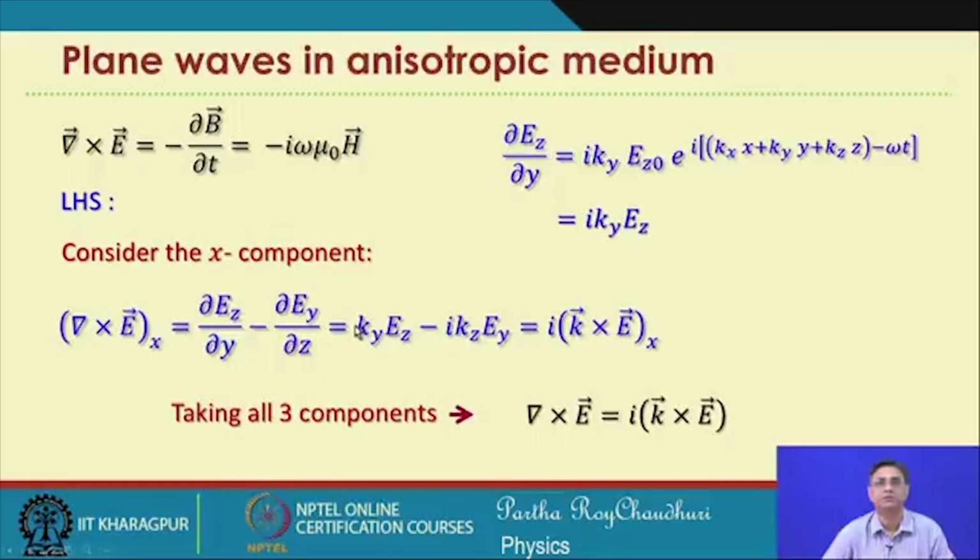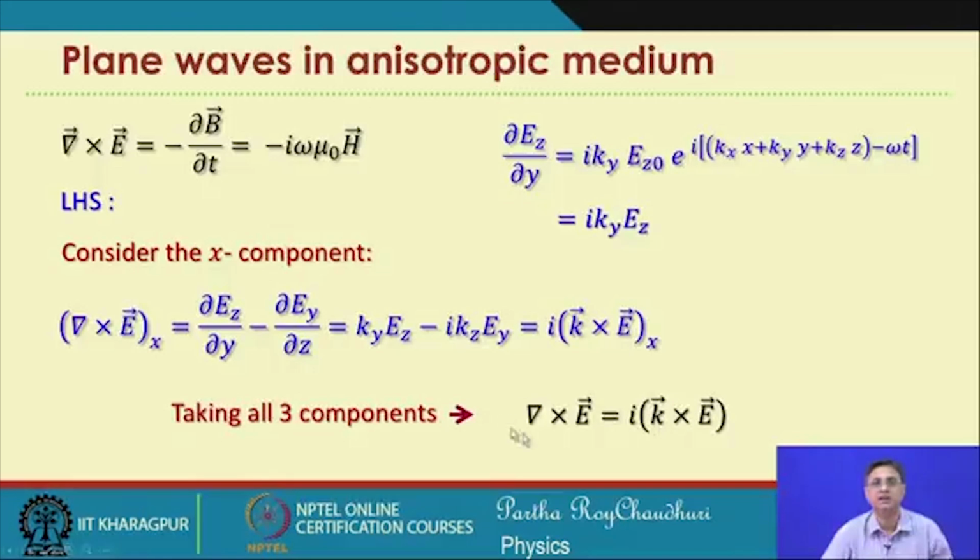So, I into the x component of k cross E, because this quantity can also be represented as k cross E. So, del E z del y gives you I k y E z. Therefore, if you consider all other components like the y component and the z component of del cross E, all of them will contribute this quantity, and if you put together, then del cross E can be written as I into k cross E.